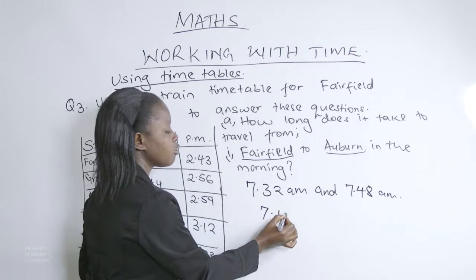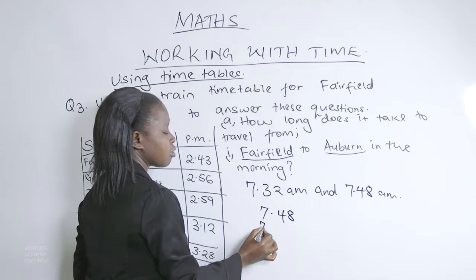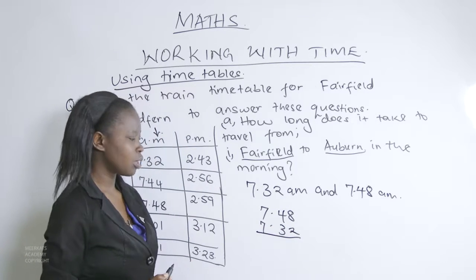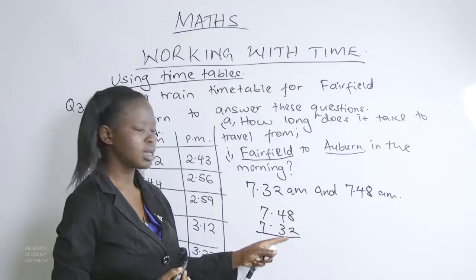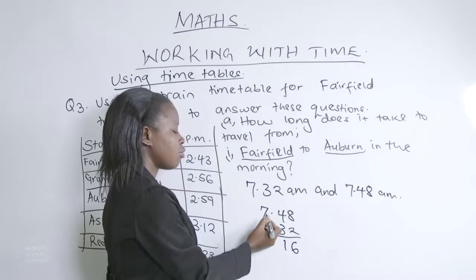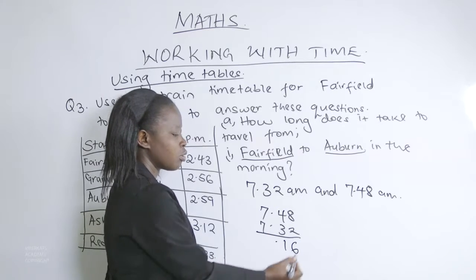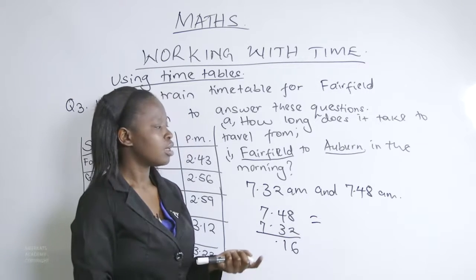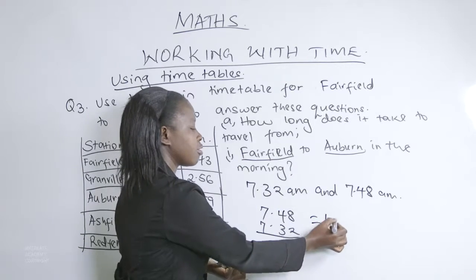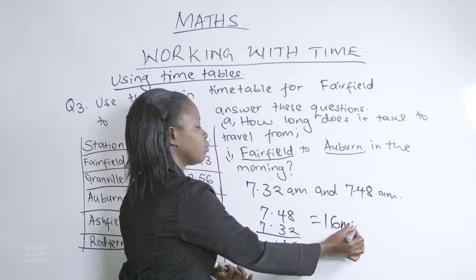So we'll have 7:48 minus 7:32. When we subtract, 48 minutes minus 32 minutes, we have 16 minutes. 7 minus 7 is simply 0. So the difference in time between Fairfield and Auburn is simply 16 minutes.